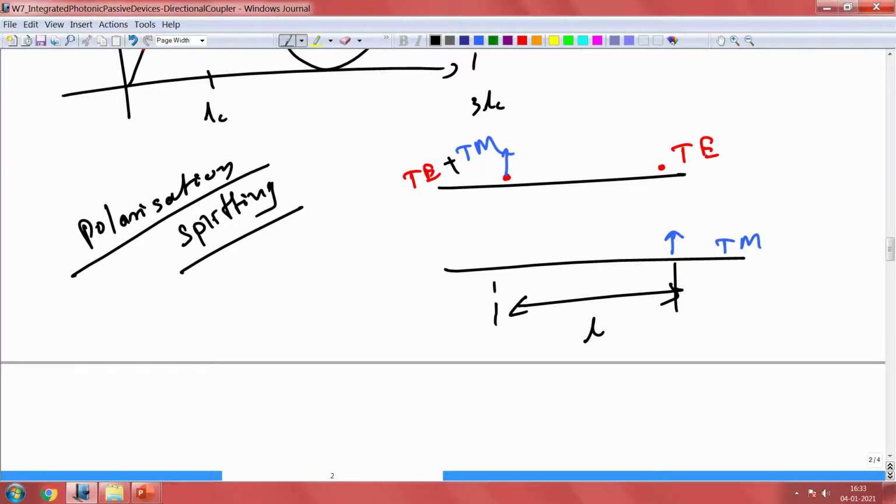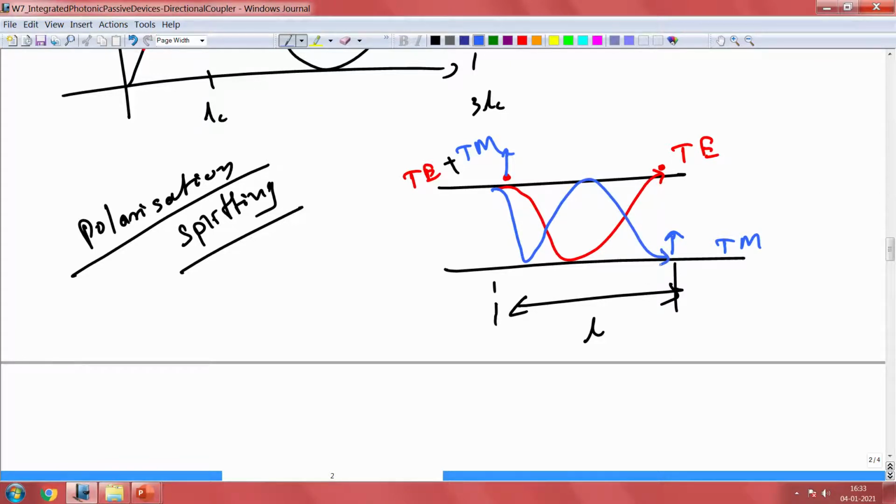So, in one case I want the TE there, the other case TM here. It could be done in different ways, right. We could do, you take the TE, it can come down and then it can go back. This is one way of doing, and for TM could do like this.